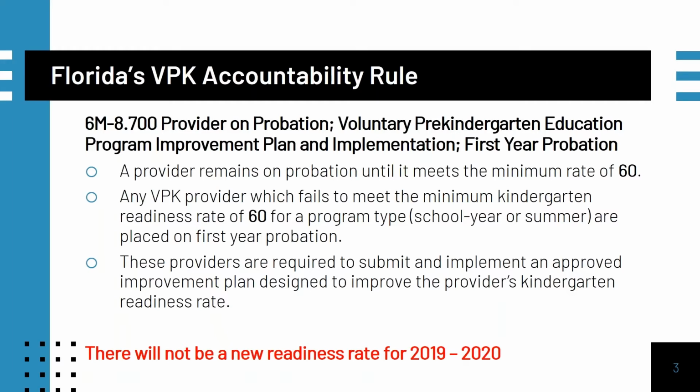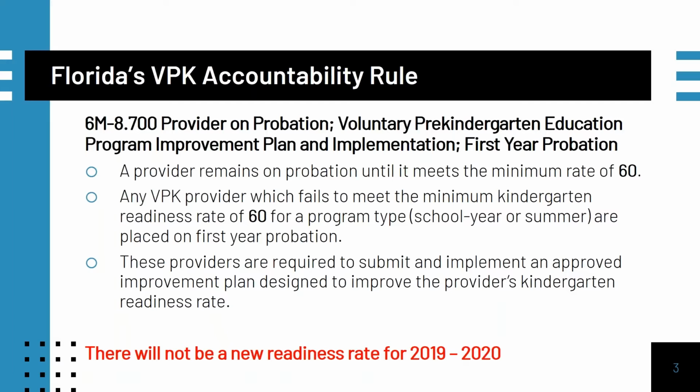Any VPK provider which fails to meet the minimum kindergarten readiness rate of 60 for a program type, either school year or summer, are placed on first year probation, which a majority of you are. These providers are required to submit and implement an approved improvement plan designed to improve the provider's kindergarten readiness rate.